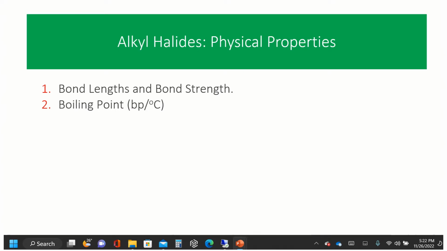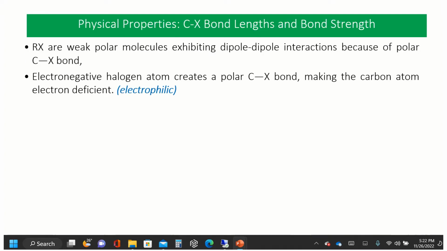Physical properties, we can now talk about the bond length and the bond strength, and we can look at boiling points and melting points. We've got to remember that the alkyl halides are weakly polar because of the rather polar carbon-halogen bond. The electronegative halogen makes the carbon electrophilic.